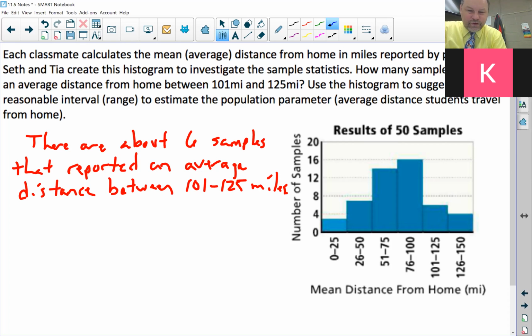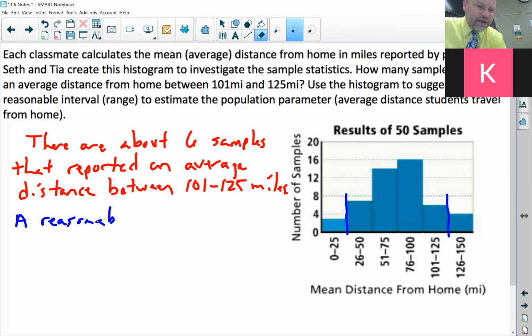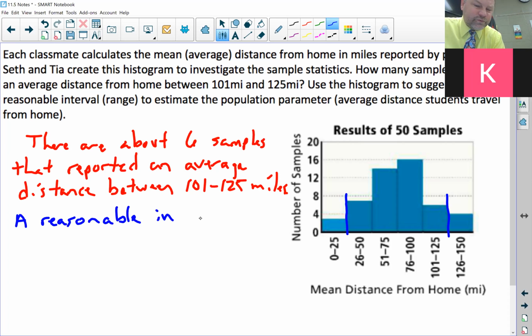So I would maybe go from 26 to 125. And we should have most of our data then, or we should be pretty comfortable that the actual mean would fall in between those.